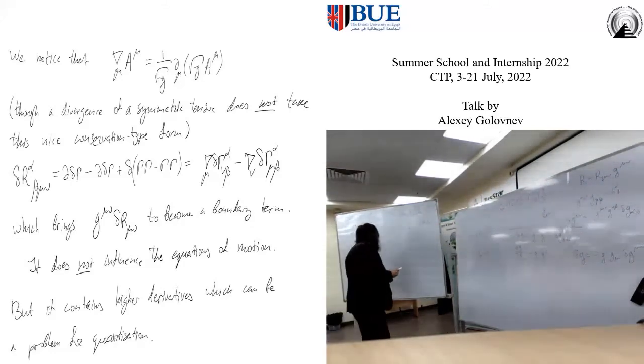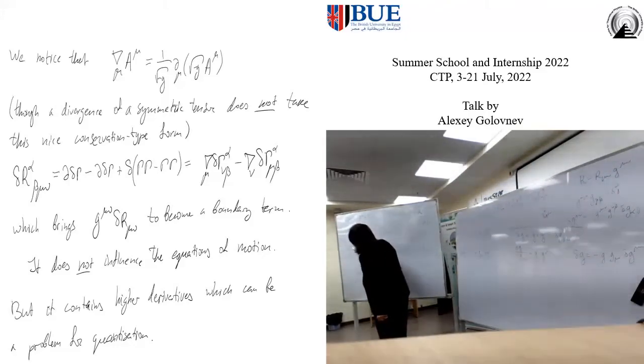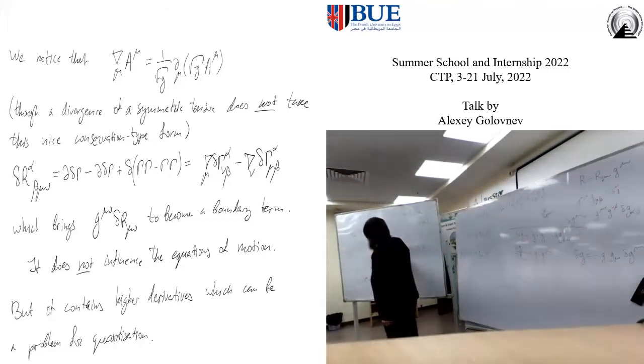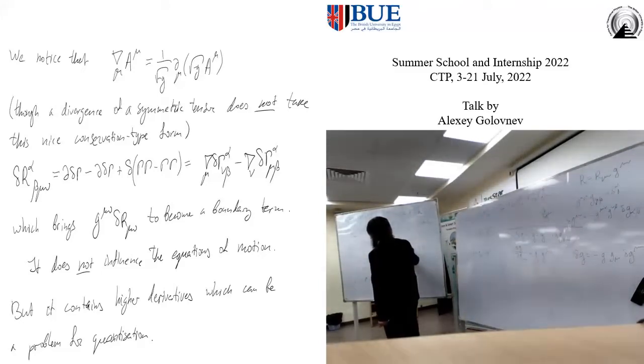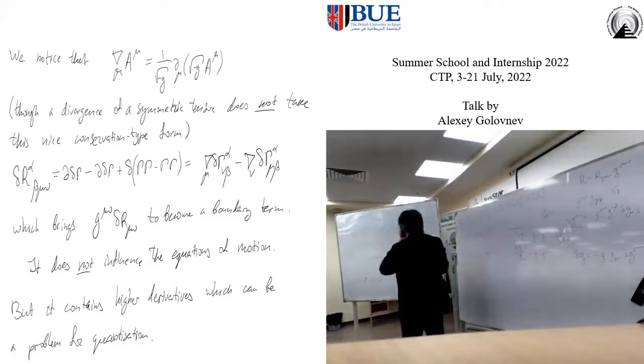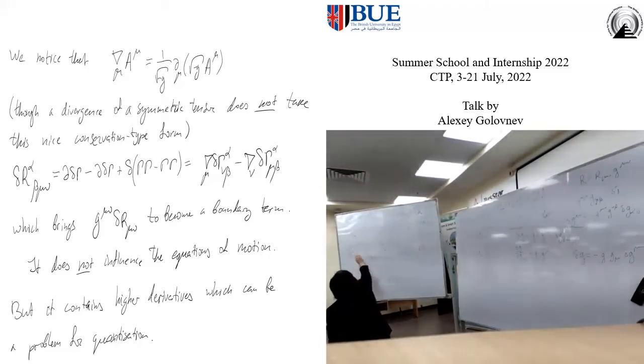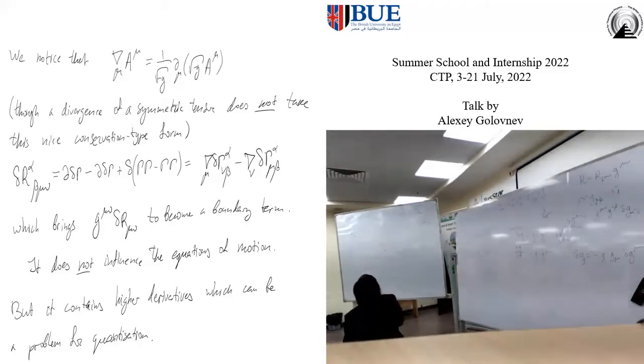Then if I have this guy here, what should I do? I should put mu equal to alpha. Then I get d mu g beta alpha plus d alpha g beta mu, minus d beta g mu alpha. Two of the terms cancel each other, and I don't forget about the 1/2 here.